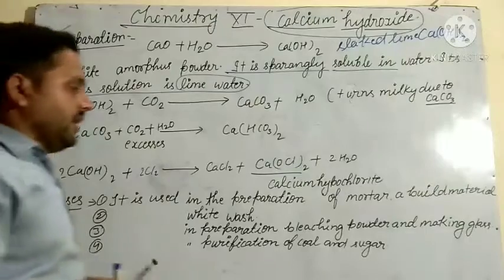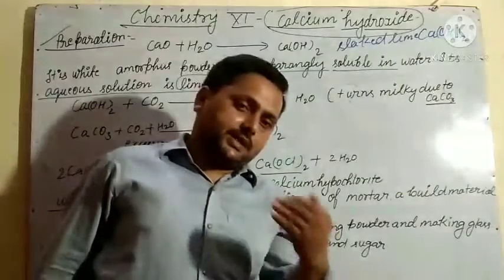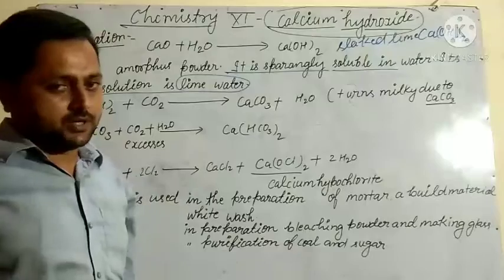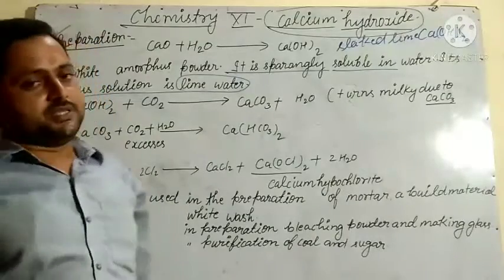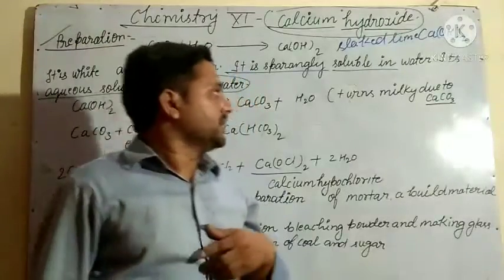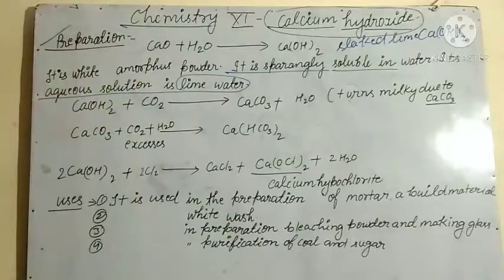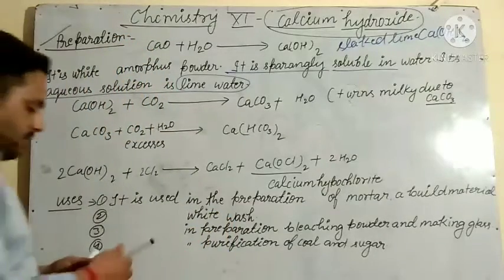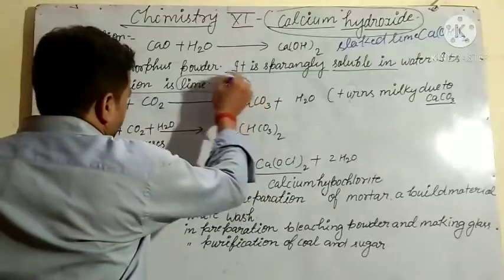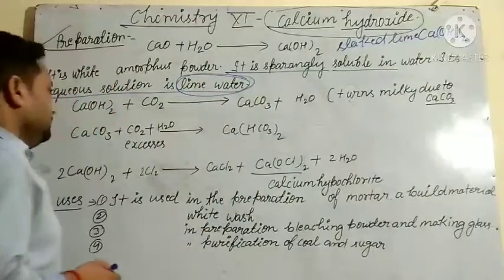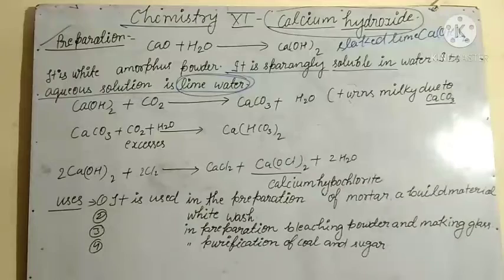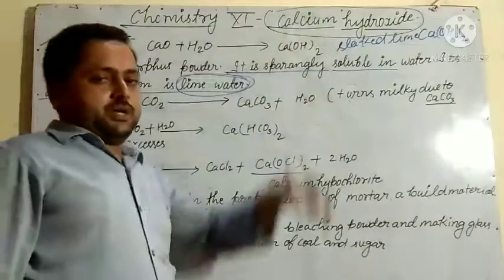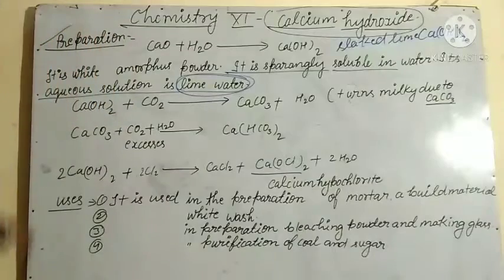What we have seen here is that it is a white amorphous powder, strongly soluble in water, and its aqueous solution is lime water. So these are the properties of calcium hydroxide.